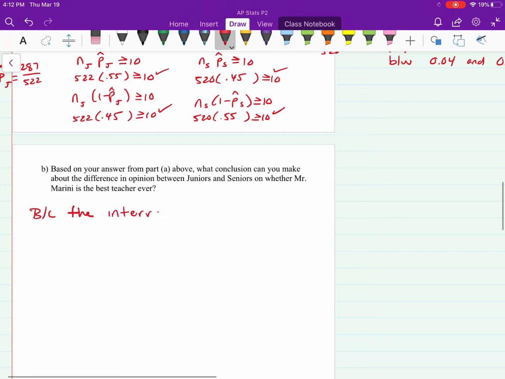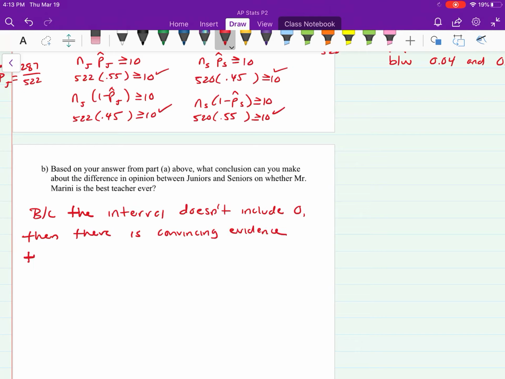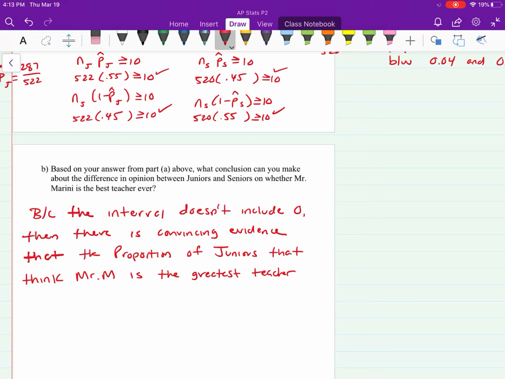Because the interval doesn't include 0, then there is convincing evidence that the proportion of juniors that think Mr. Marini is the greatest teacher ever is different than the seniors.